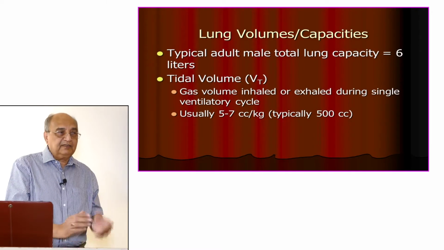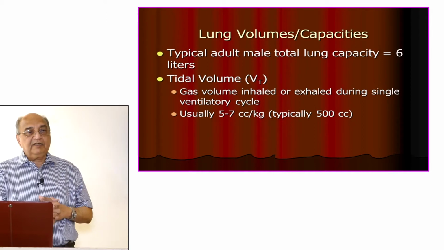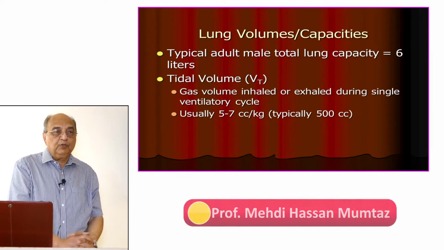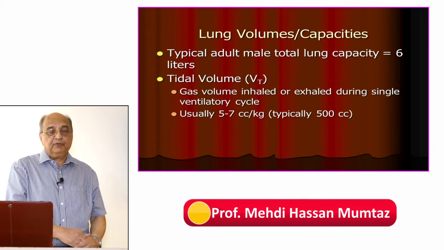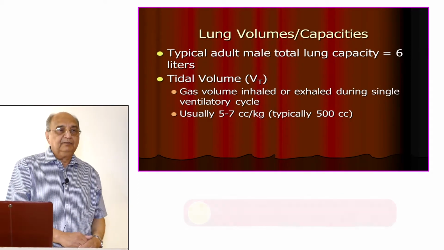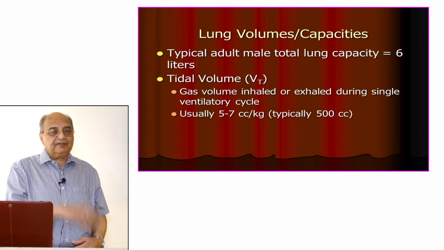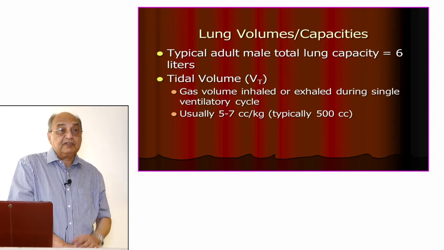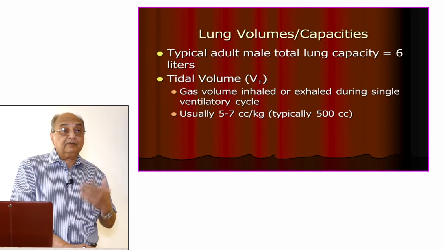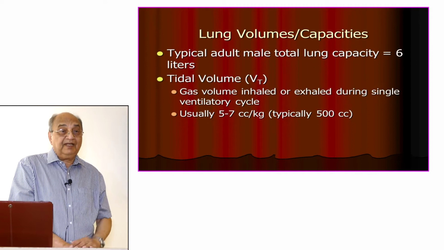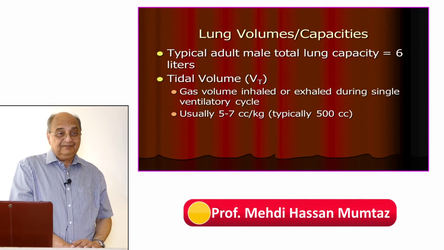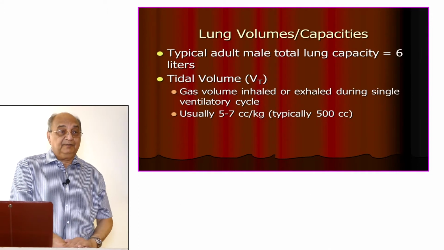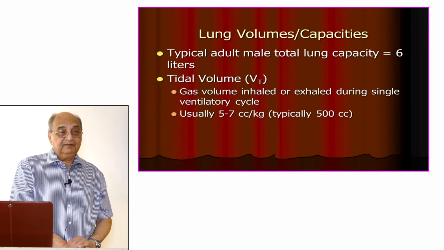If there is a disturbance of the ventilation perfusion ratio, for example, if you are putting more gases into the respiratory portion, for example, you put 6 liters there and 2 or 3 liters in the dead space, and the blood is only 5 liters coming, some of the gases will not come in contact with the blood. It will act like a dead space effect. So the ventilation perfusion ratio will be disturbed, and there will be more dead space effect.